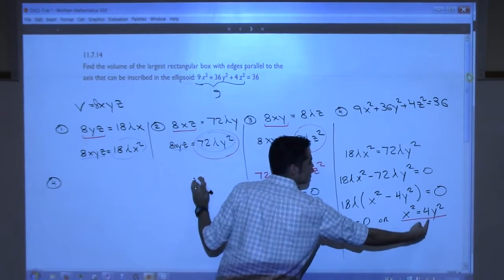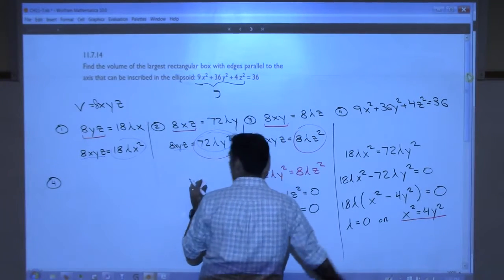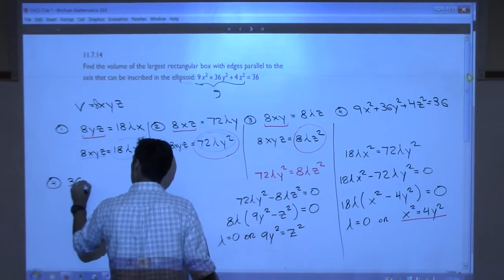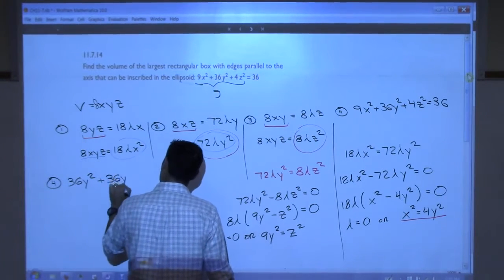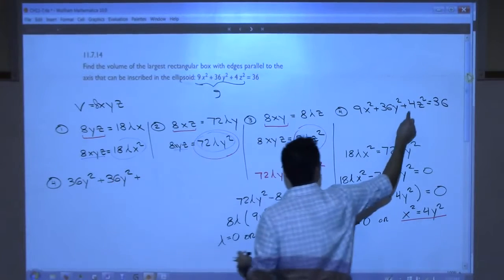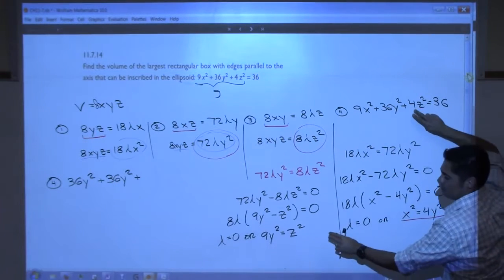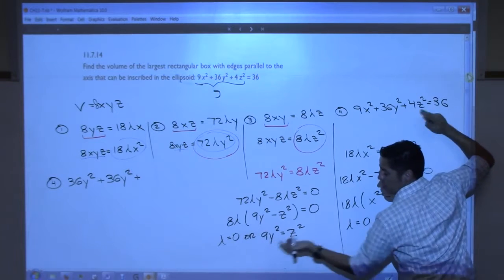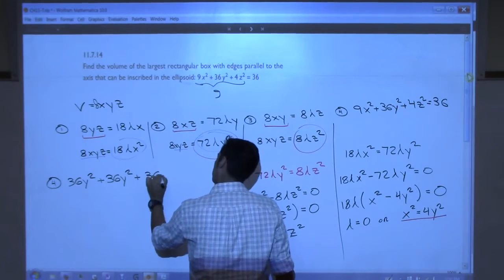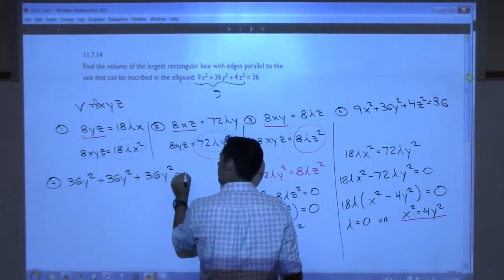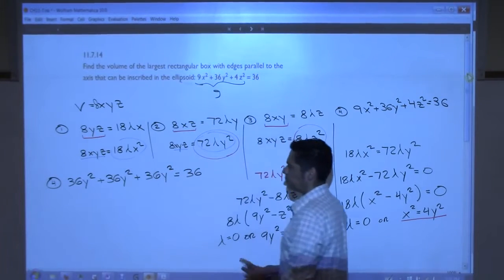What's that going to give us? 36y squared? Plus 36y squared again, plus what is 4 times z squared? And 4 times z squared is 9, so another 36y squared must equal 36.